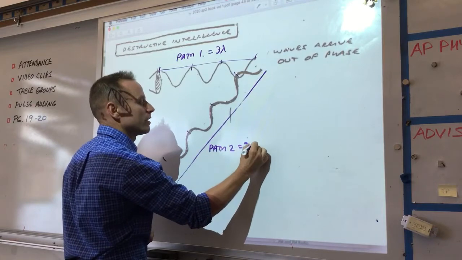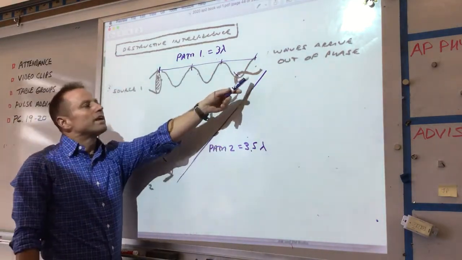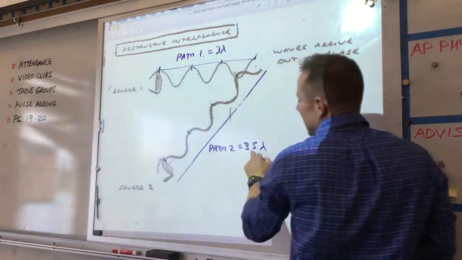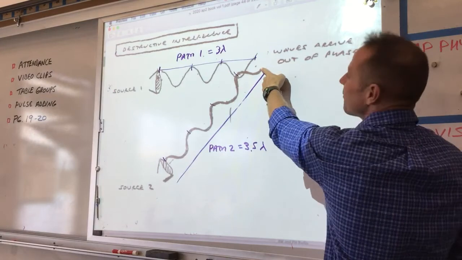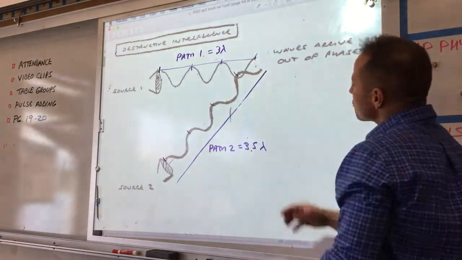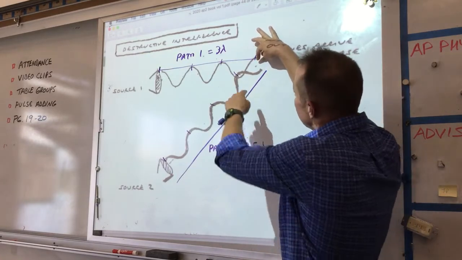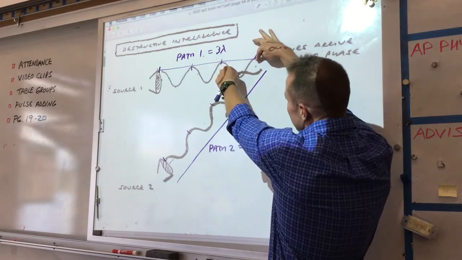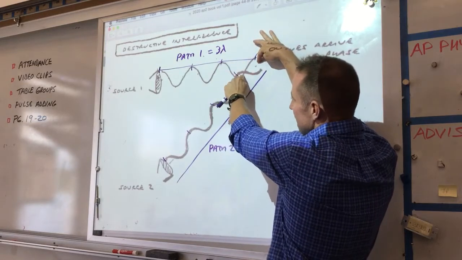3.5 lambda. So the key here is since this one has gone the extra half wavelength, this wave is valleying while this one is peaking. These guys are going to conspire to punch each other out, right? Then a short time later, when the peak of this bottom wave arrives, that's right when the valley of the top wave will arrive.